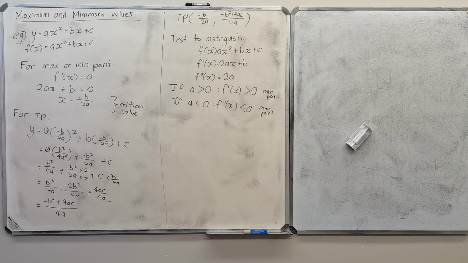When I'm testing to distinguish which one of my turning points was a maximum or a minimum, I did my double derivative, and I substituted a critical value into it of 0 or minus 4. And I got an answer, and that told me which one was my maximum and minimum.